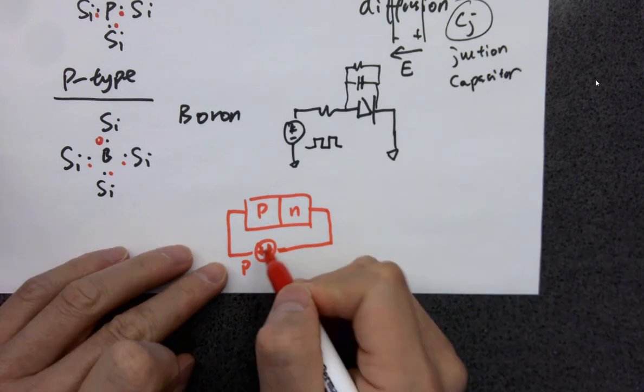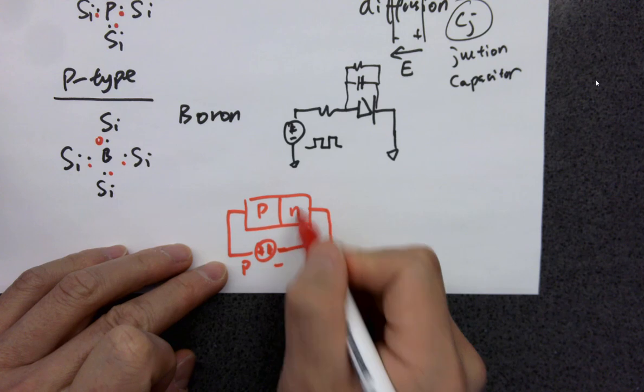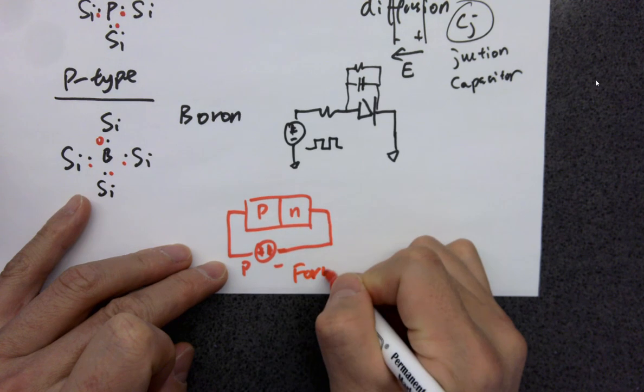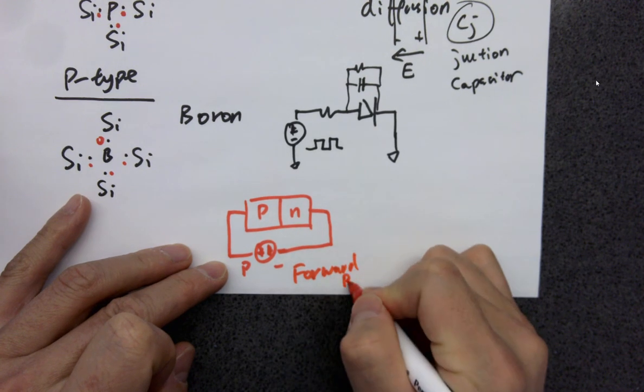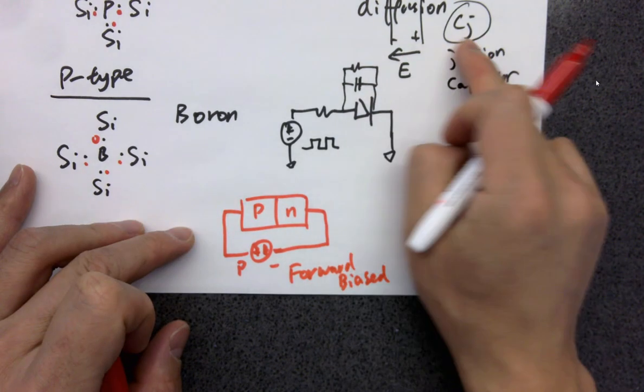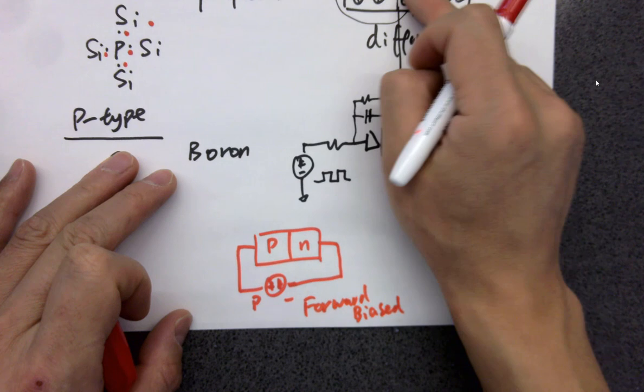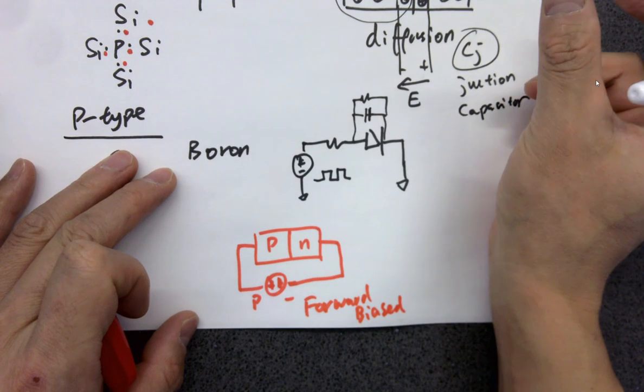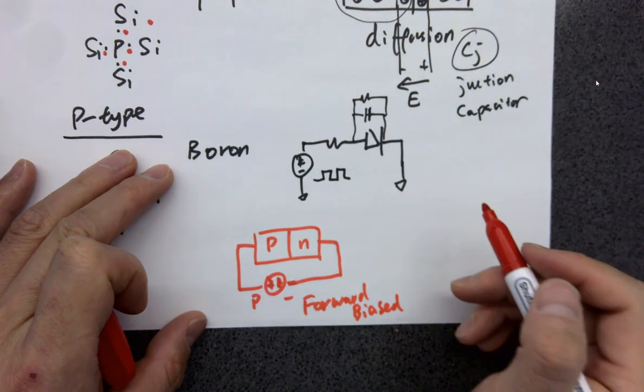It's forward biased because plus to plus, minus to minus, so it's called forward biased. So does it result in a thinner junction capacitor or a thicker junction capacitor?